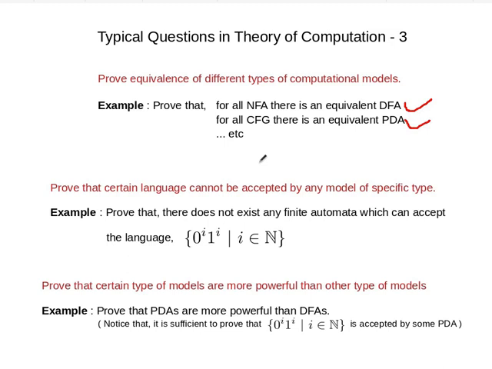Okay, so we will first address this sort of problem: proving that a certain language cannot be accepted by any model of a specific type. This type of theorem is harder to prove, right? Because if you are asked to show that this works, then you have to come up with something and show that this thing works.